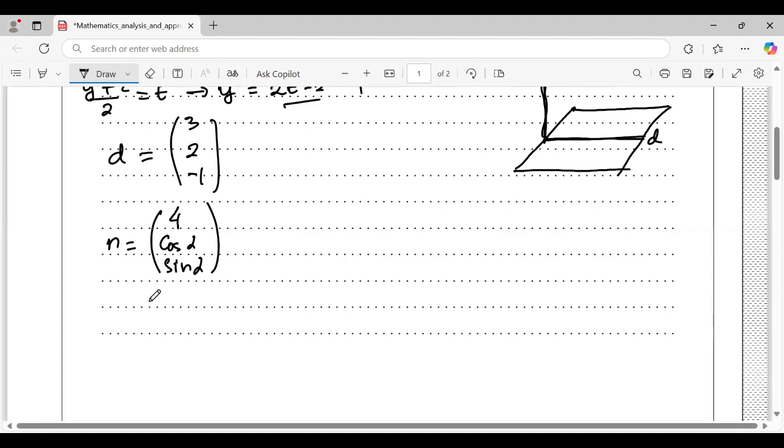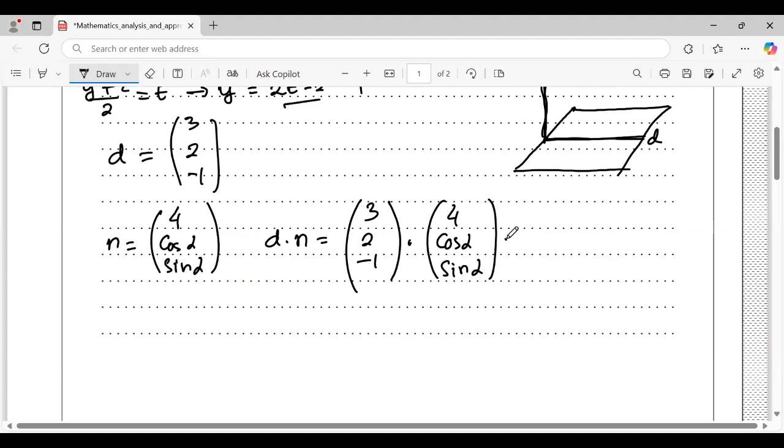And the dot product d dot n is (3, 2, minus 1) dot (4, cosine alpha, sine alpha), which is 12 plus 2 cosine alpha minus sine alpha.